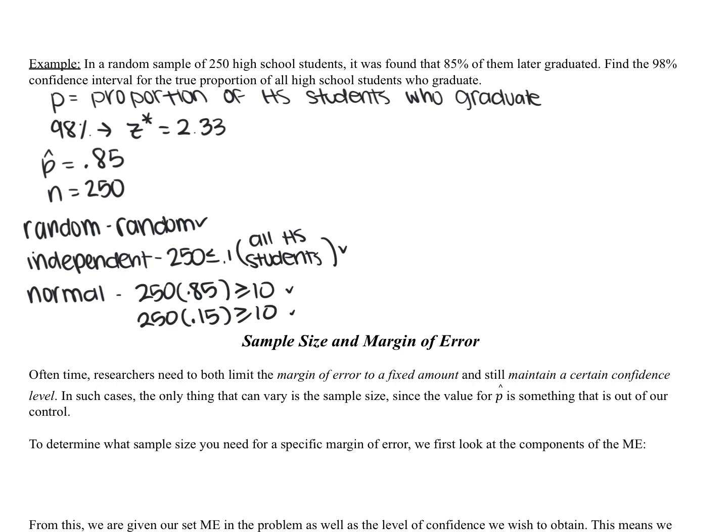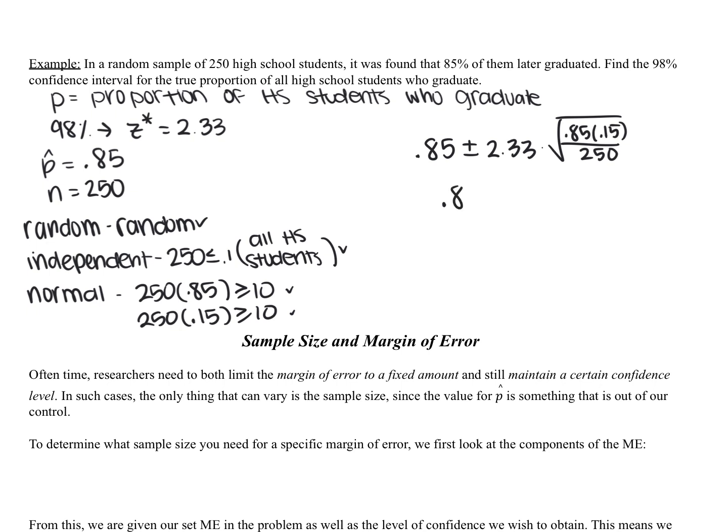Okay. So for my confidence interval, we're going to have 0.85 plus or minus 2.33 times the square root of 0.85 times 0.15 all over 250. So in the calculator, I have 2.33 times the square root of 0.85 times 0.15 over 250.